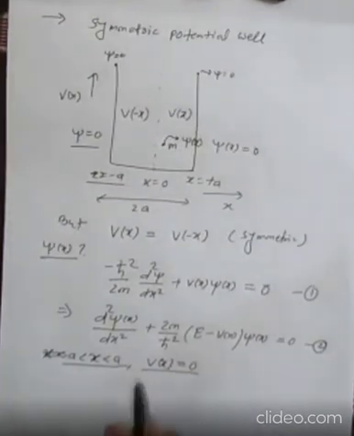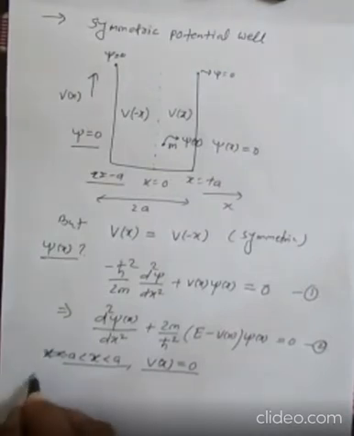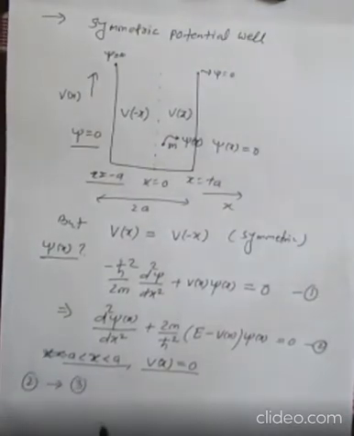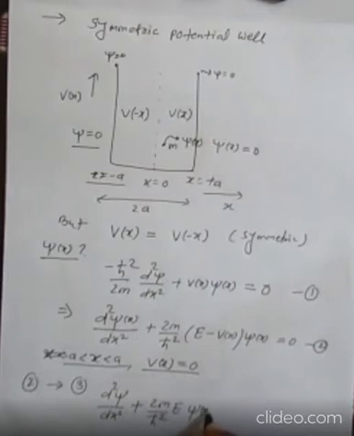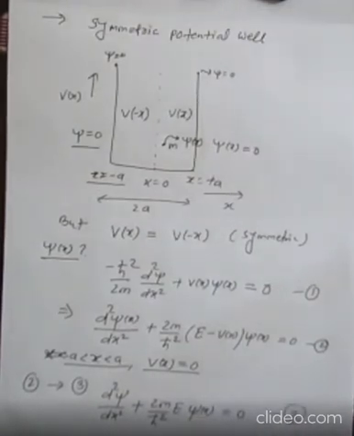Okay, so then the Schrodinger equation will be d square psi by dx square plus 2m over h cross square E psi(x) equal 0. So this is equation number 3.